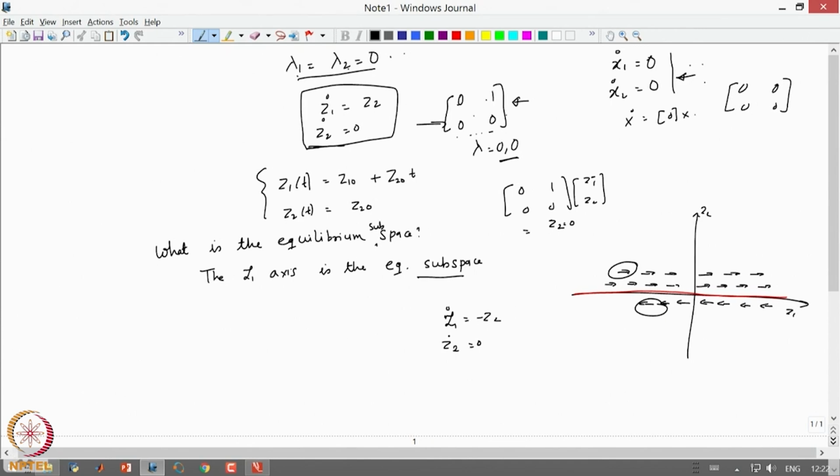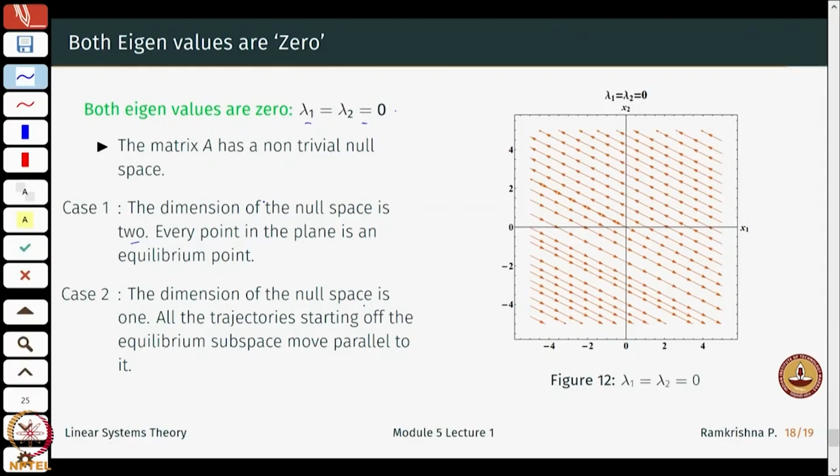So, to summarize, when both lambda 1 and lambda 2 are equal to 0, in case 1 the dimension of the null space is 2, again depending on the Jordan form, and in case 2 the dimension of the null space is 1. And if I were to plot in general in an x1 x2 plane, the equilibrium subspace could be somewhere like here passing through the origin.